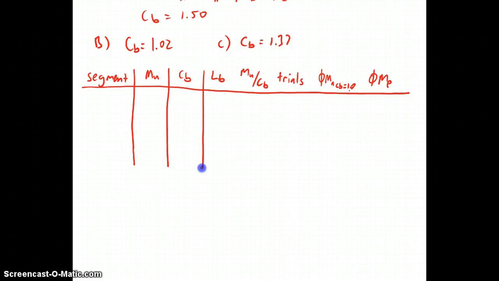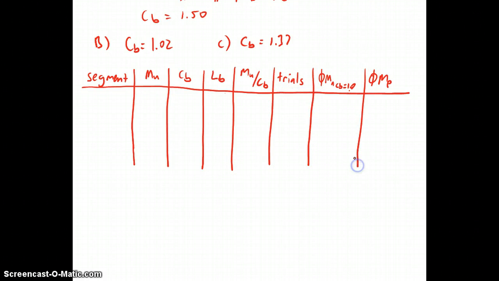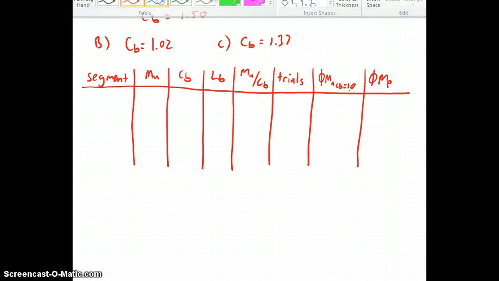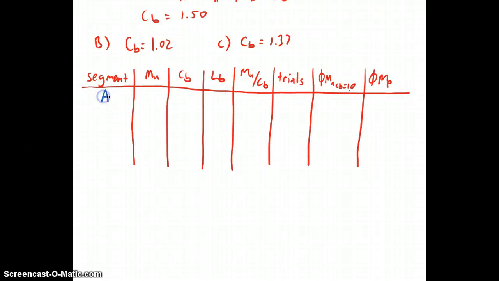And we're going to make 3 rows, 1 row for each segment. So first we'll have segment A. Looking up in the moment diagram, the max moment anywhere in segment A is 410 kip feet.